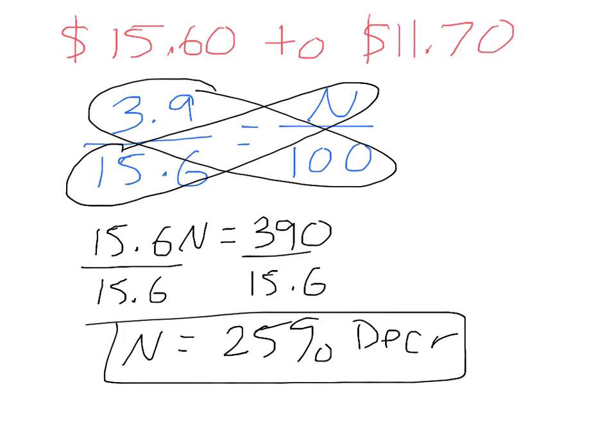Well, no. In this case, because what you're doing here, if you look, you're taking 390 and you're dividing it by 15.6. Well, I move that decimal over and add a 0. 15.6 will go into 390 twice, which will be 12, 11, 3.